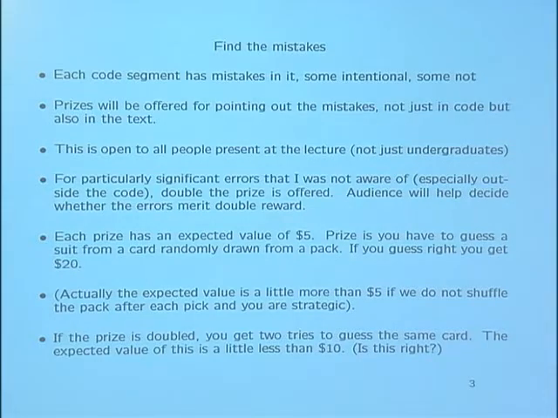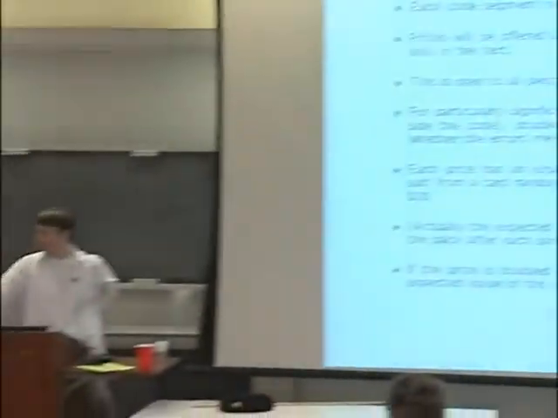So my original plan was to give out $5 bills, but then I realized it was too late to get enough $5 bills, because they don't give them out at the ATMs. So in the spirit of statistics, I've decided to instead give out a prize that has an expected value of $5, which is that you have to choose a suit, like hearts, diamonds, etc. And my assistant Pinar will pick a random card, and if it's the same, then you get a $20, and if it's not, then you get nothing.